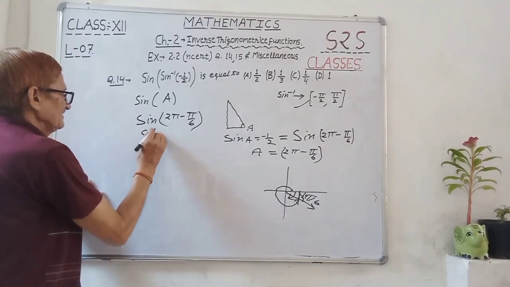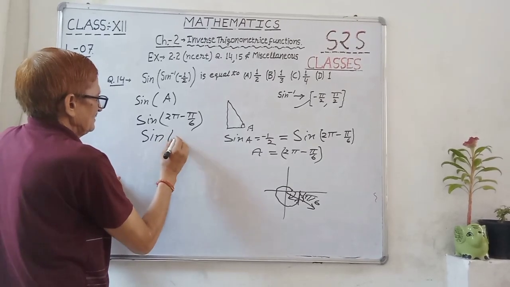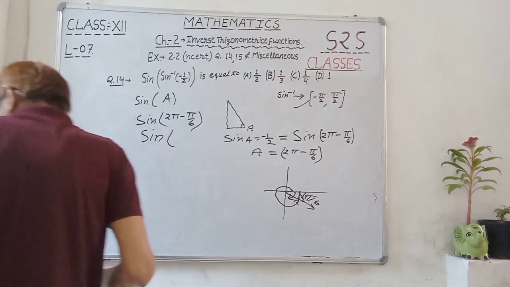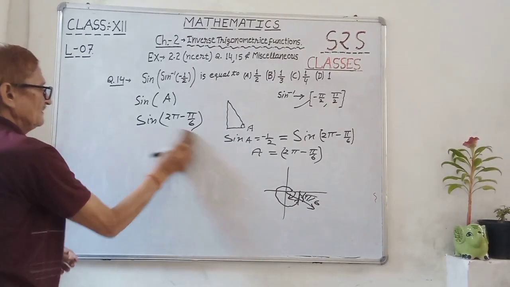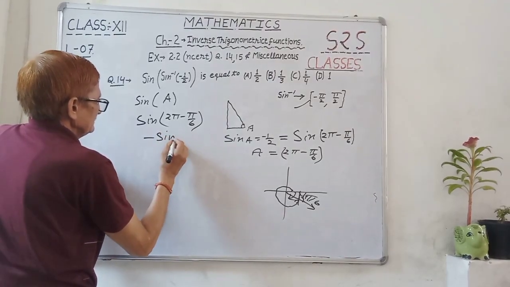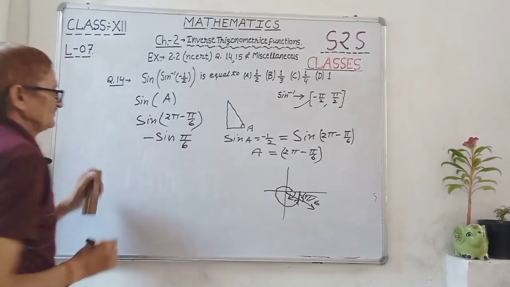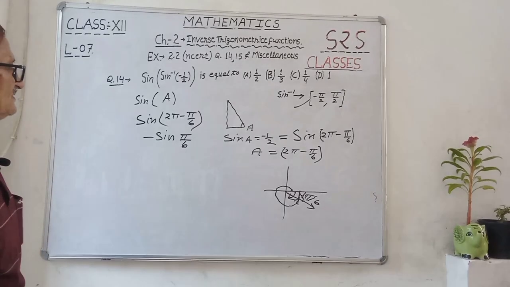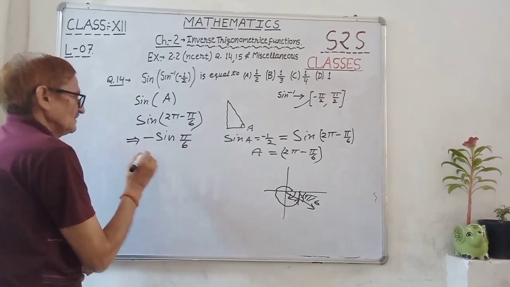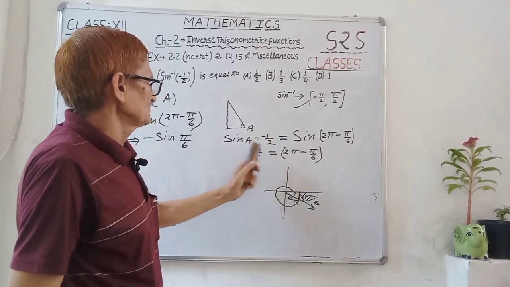So then it is sine of 2 pi minus theta, which is directly minus sine theta, so it is minus half. But understand, here it is sine of 2 pi minus pi by 6, and A is this.